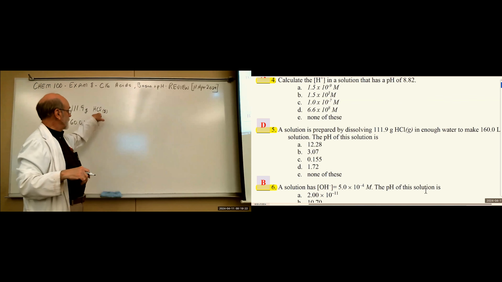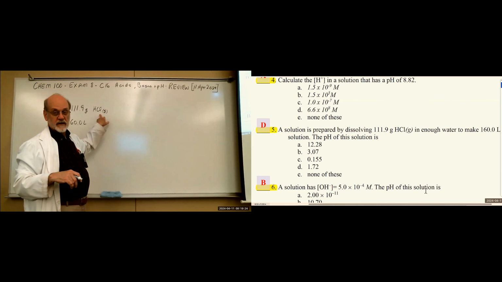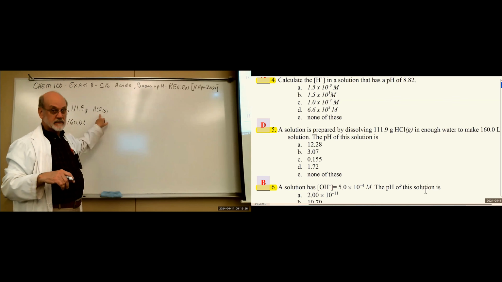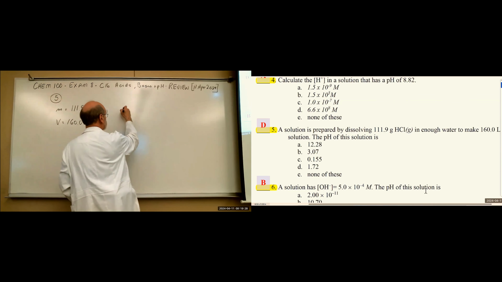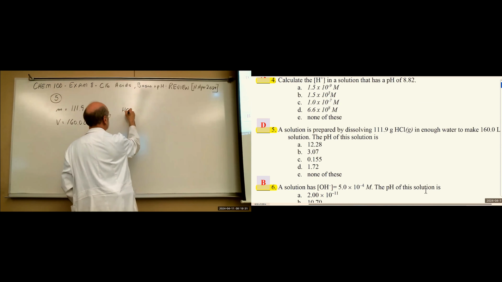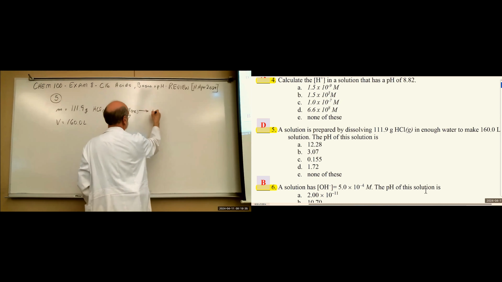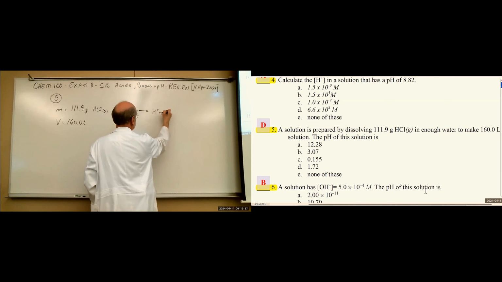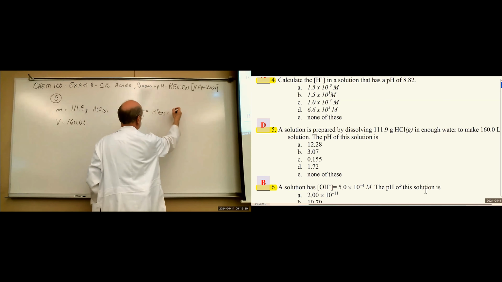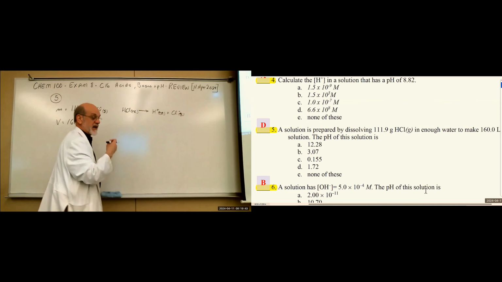Well, when you dissolve this in water, it will completely dissociate. In solution, it will make the same molarity of hydrogen ions.